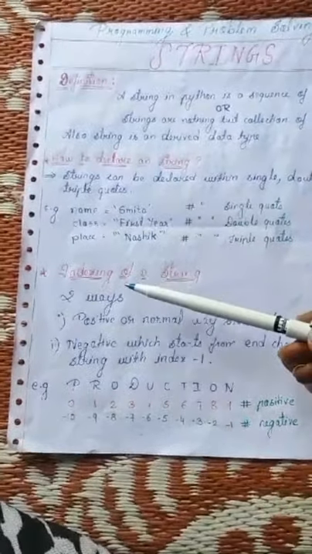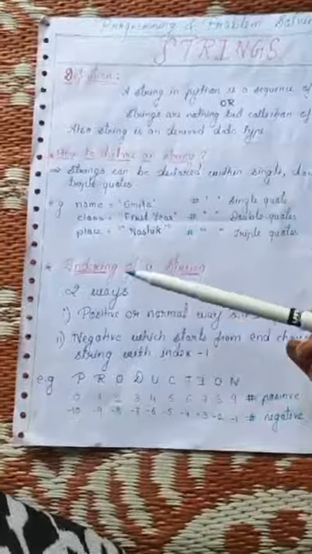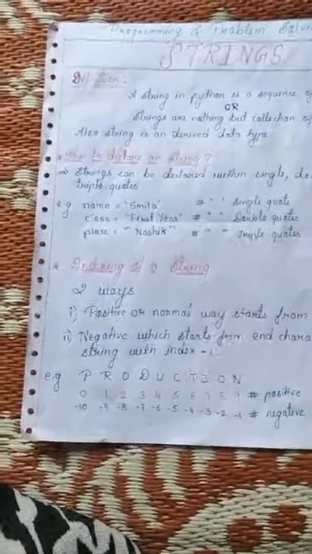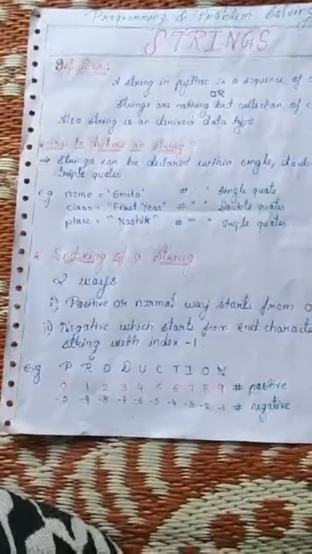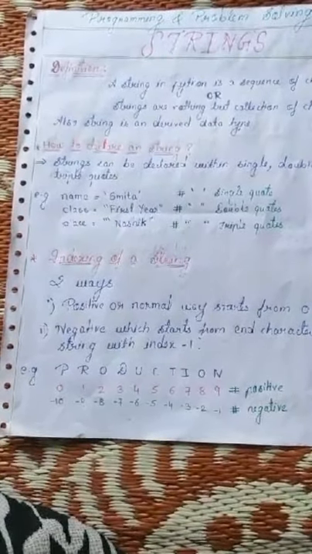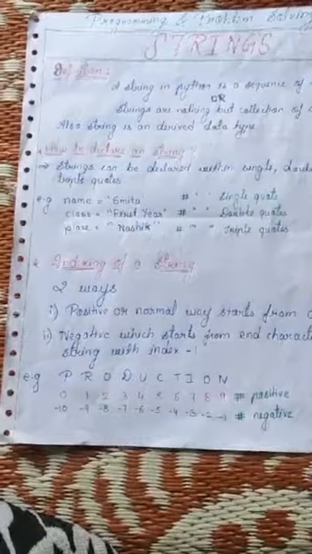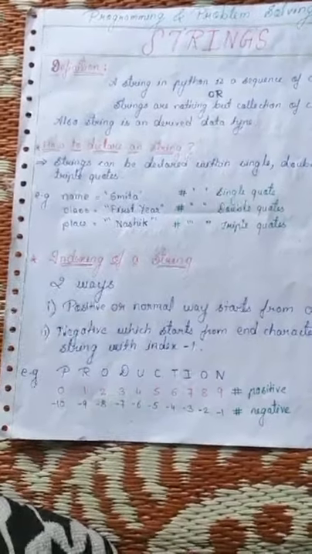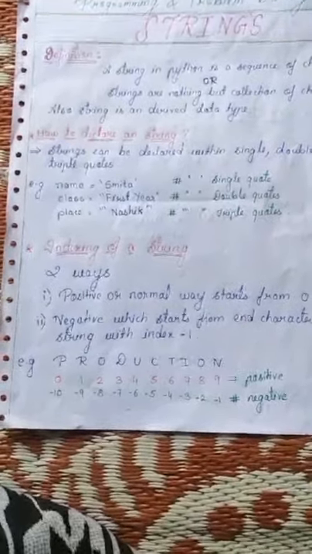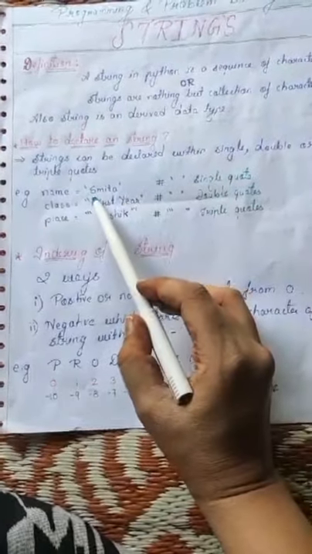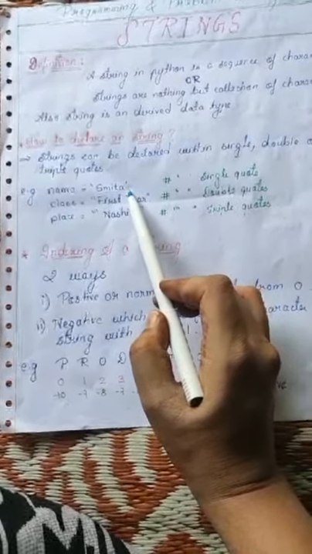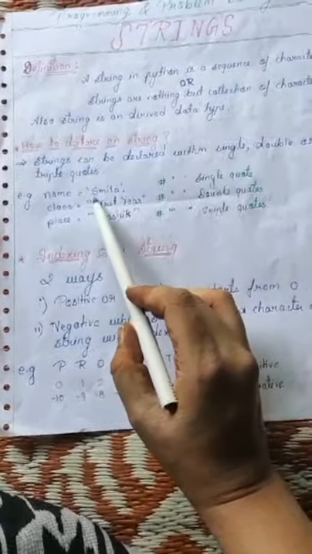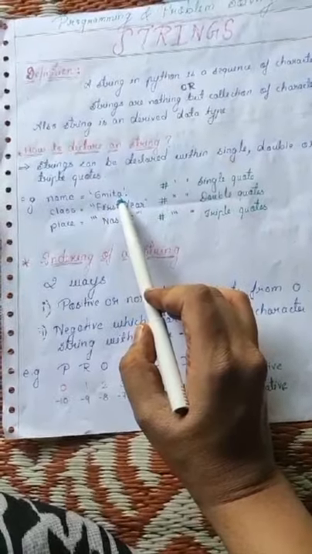Now let's see how indexing of a string works. Indexing means, we have already seen the data types, that is list and dictionaries. We have seen that dictionaries have keys, but list and tuple also have indexing whose index starts from 0. Likewise, these characters within strings have indexes so that we can access a string character by character.